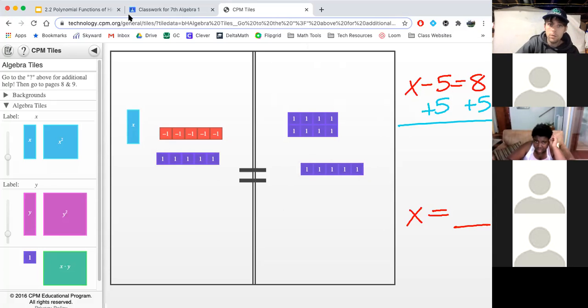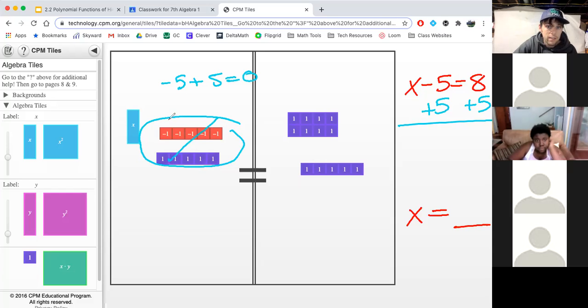And what does that do? Well, that makes this right here a big 0 pair, because we have -5 plus 5, that becomes 0. These go away. They're all 0 pairs. On the right side of my equation, not a 0 pair.